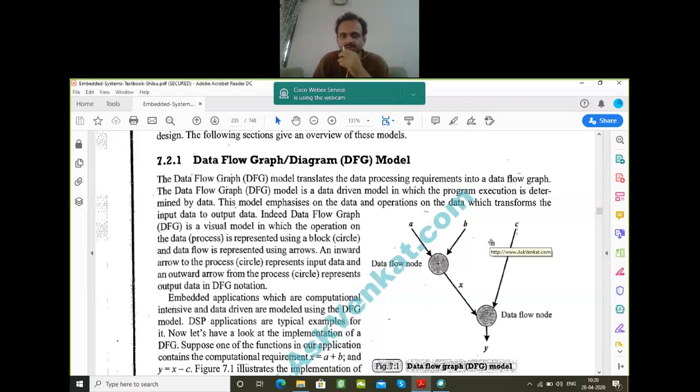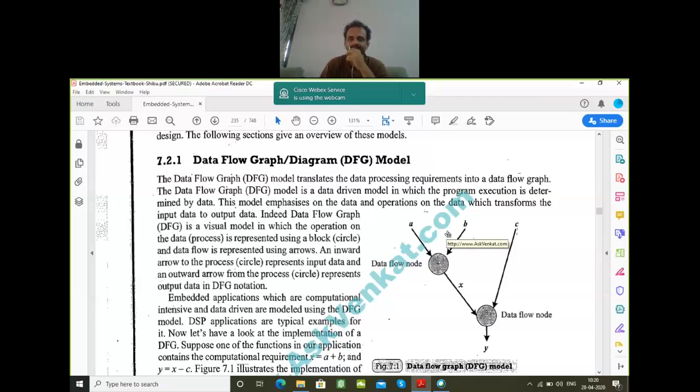How the input is given, how it is executed, and how you get the output is the important criteria for a data flow graph to work. Generally in this model, data is taken and operations like addition, subtraction, multiplication, etc. are performed on it, and you get the required output data.